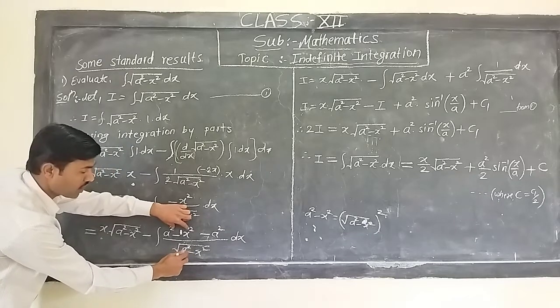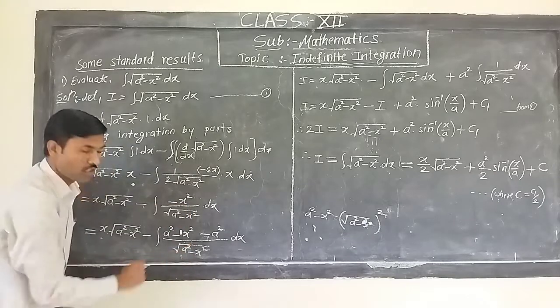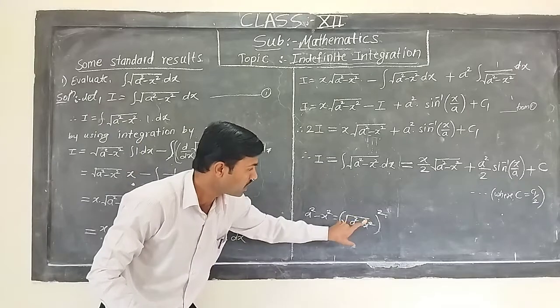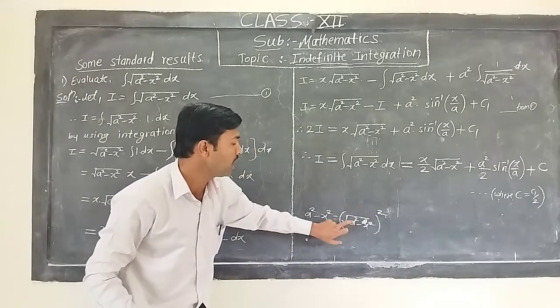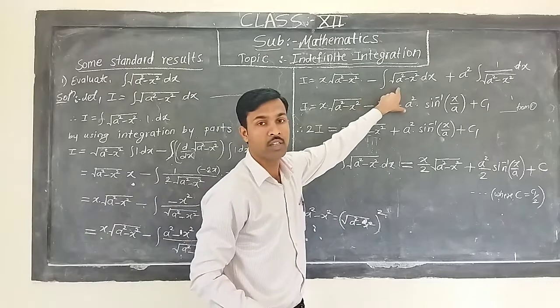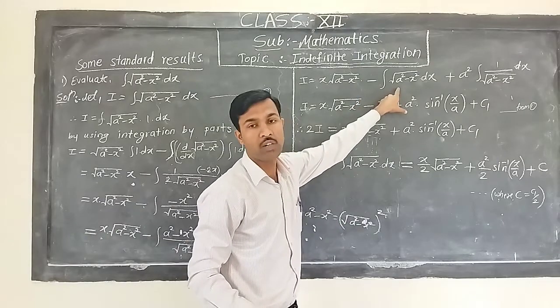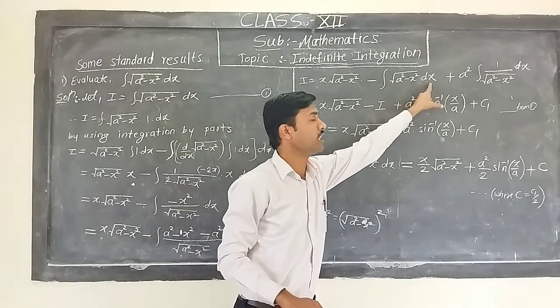After separating, the denominator's root term gets cancelled with one root term, so the remaining term will be under root of a square minus x square, and as we have separated the integration, dx is here.